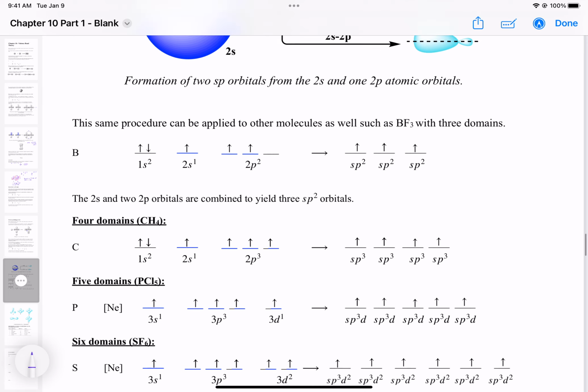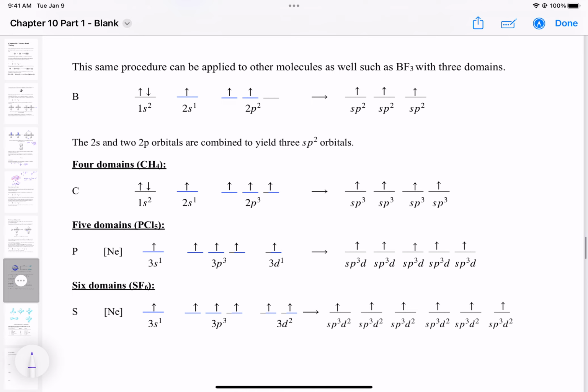With 5 domains, we promote an electron not to another p orbital, but to a d orbital, so we can get 5 sp3d type orbitals.